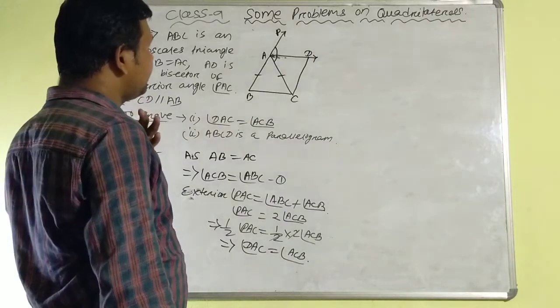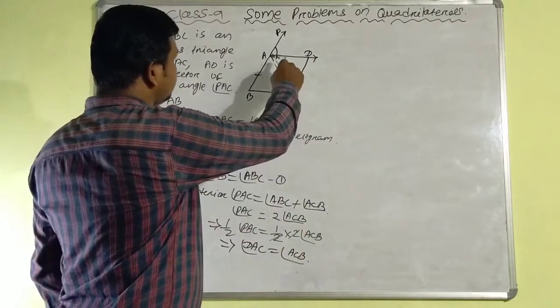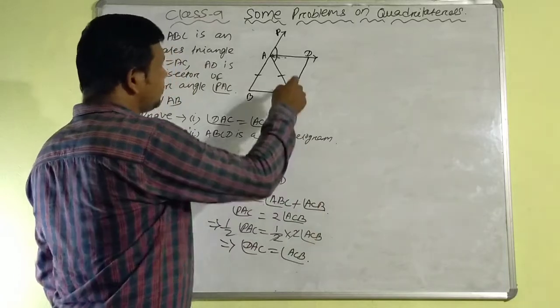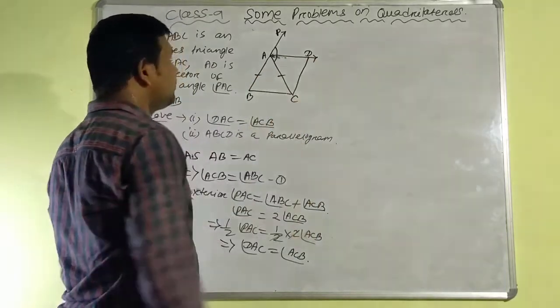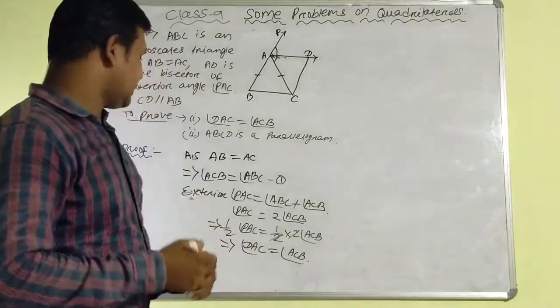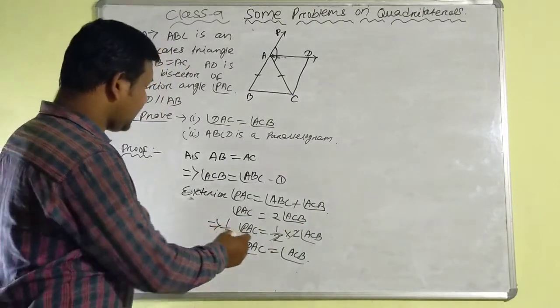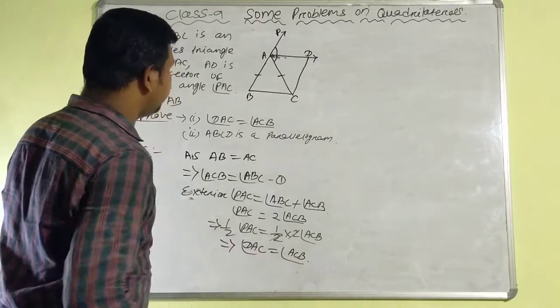Then we can prove here already DAC equal to ACB. That means we can say AD parallel to BC. Okay. Now next we will write down DAC equal to ACB.